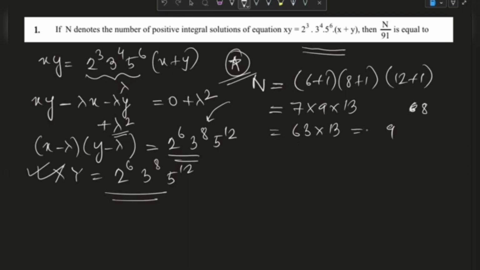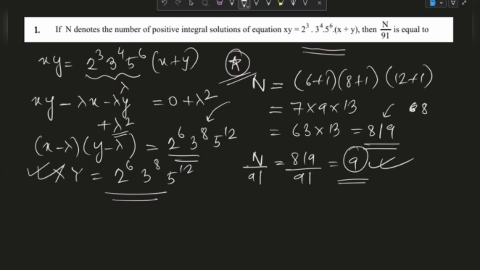And 7 plus, I guess this will come out to be 819. So basically we don't have to find this, we have to find N by 91. So this will be 819 by 91, which is basically 9. So our answer for this question will be 9. This was simple, like from the fundamentals part.